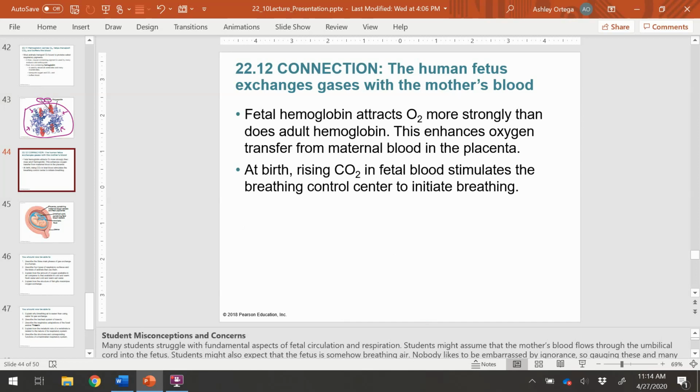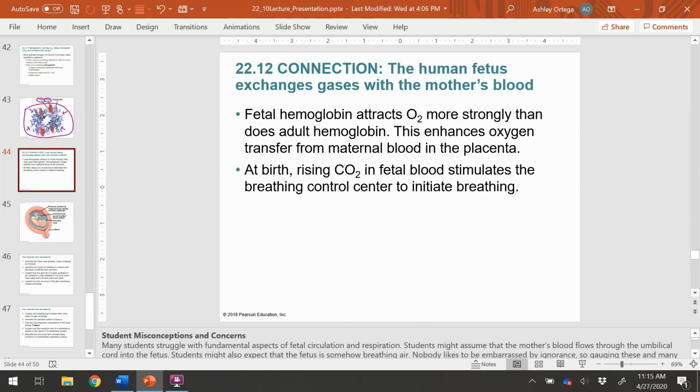And so this will enhance oxygen transfer from the maternal blood into the placenta, and it's going to be very beneficial for the baby, as it's never going to, under normal circumstances, be at a loss for oxygen. It's always going to get the oxygen it needs, no matter what. And so even if the mother is not in the best of health, the baby is always going to get the oxygen it needs due to that fetal hemoglobin.